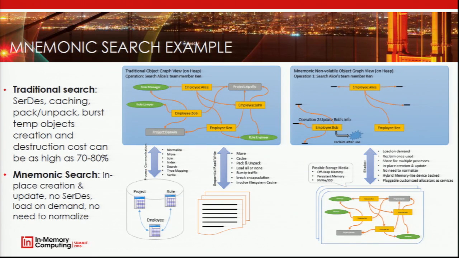This is one of the examples I mentioned before. We have a search example. This is what we call the traditional way. We have stored the relation somewhere in the disk. We have stored files somewhere in the disk, right? If we are trying to search Alice's coworker Ken and what relationship they have, such as being the same employee, or Alice being Ken's boss, what do we do?